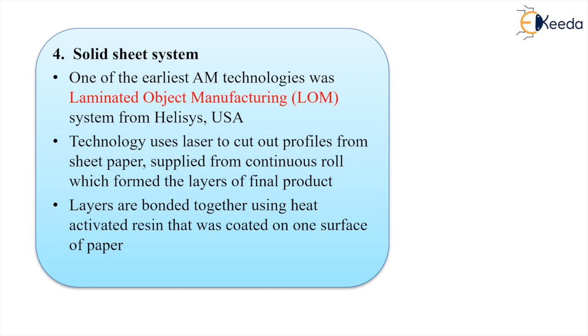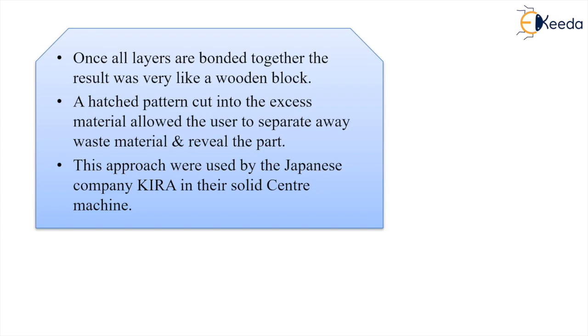We will see in the diagram. Layers are bonded together using heat-activated resins that are coated on the surface of the paper. Once all layers are bonded together, the result is very much like a wooden block.